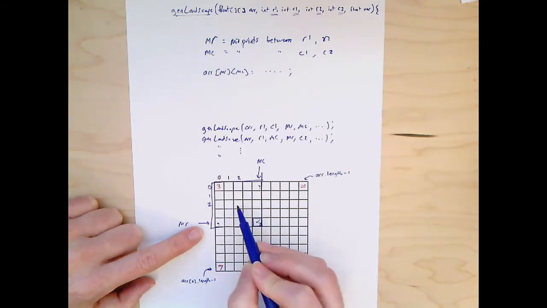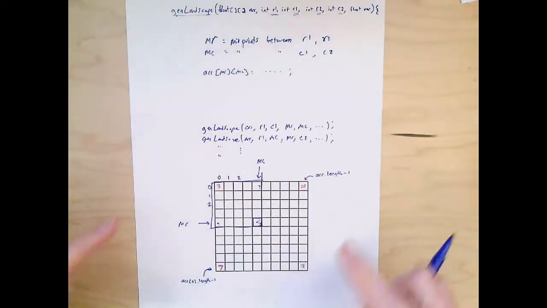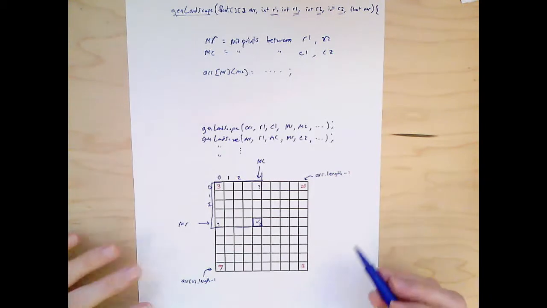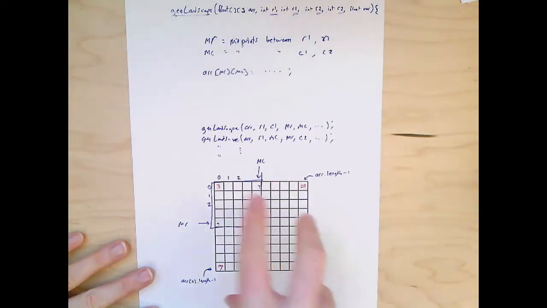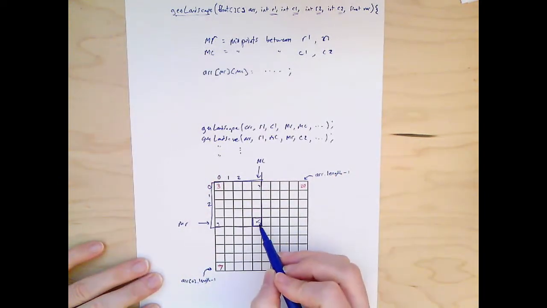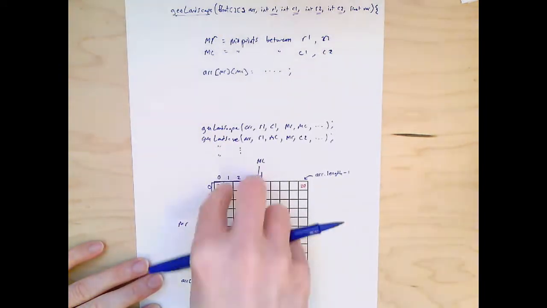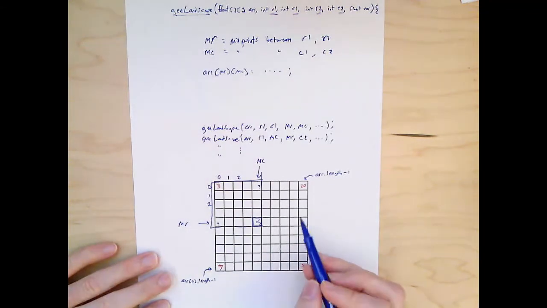I need to know all 4 corners in order to assign the middle one. So thinking back to our original call where we're thinking about the whole array, every single time I run this method, before I do my recursion, I need to make sure I've filled in the center value and the 4 edge values, because the 4 edge values are going to turn into corner values when I look at a smaller region. So let's fill them in.